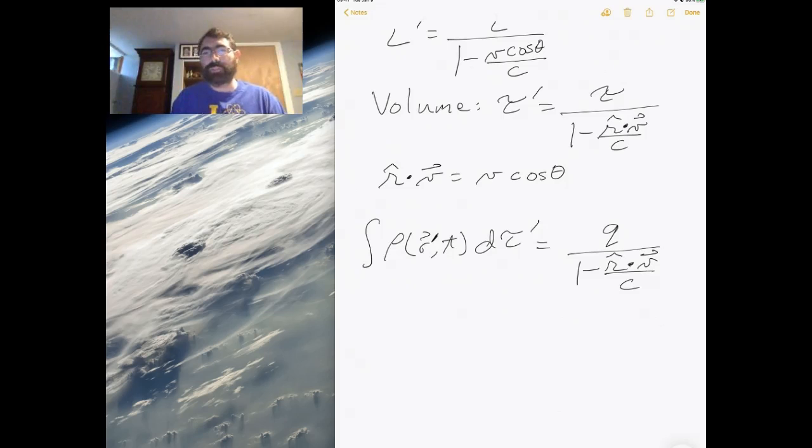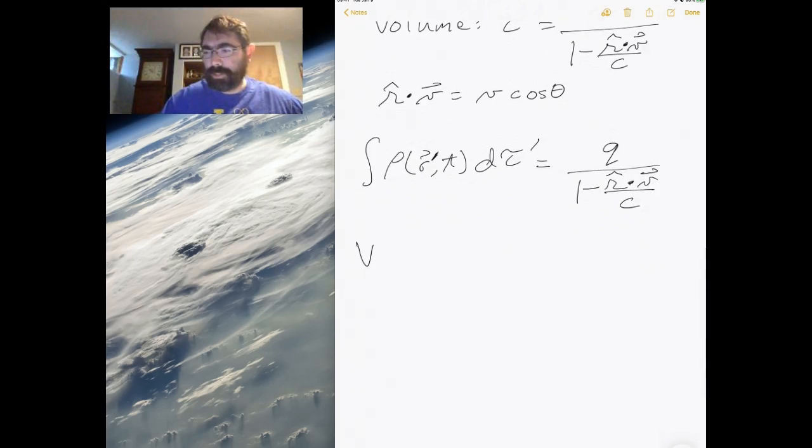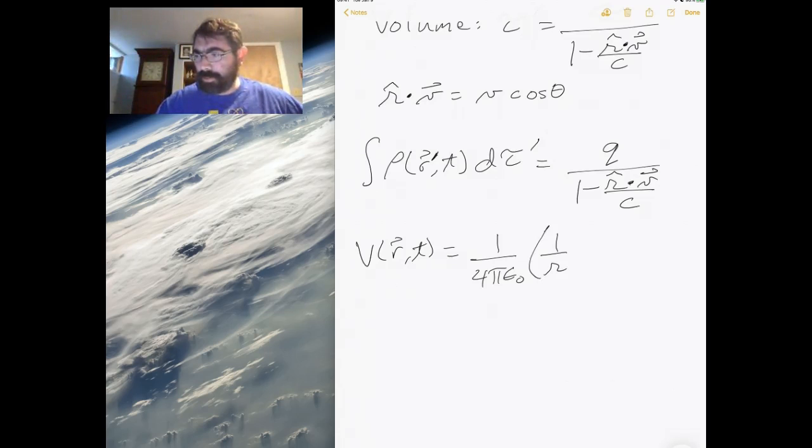So basically, it's the point charge q modified by this volume term, is what you get. So we've now integrated over that, and so what I get for the electric potential is 1 over 4 pi epsilon naught, 1 over r, q, times 1 minus r hat dotted into the velocity v with which the charge is moving.